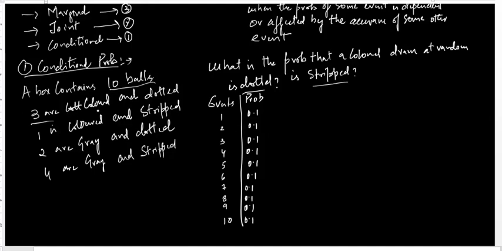Now I know that 3 are colored and dotted, so let me change the color over here. The 3 balls over here are colored and dotted.